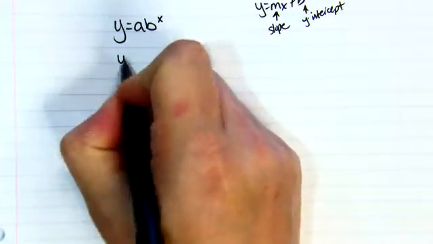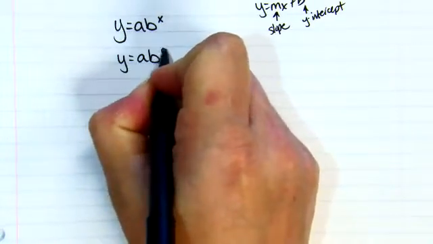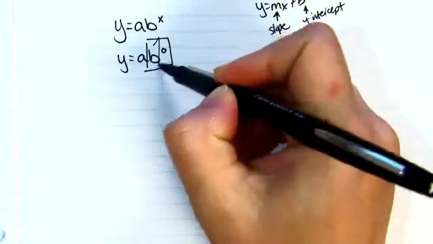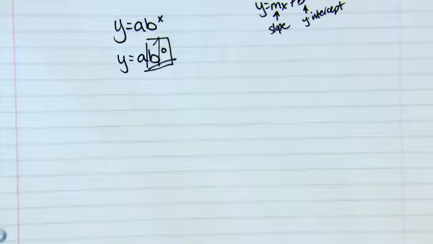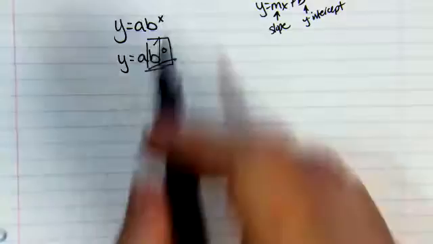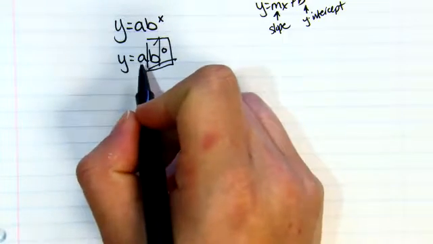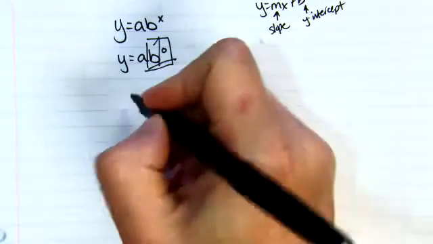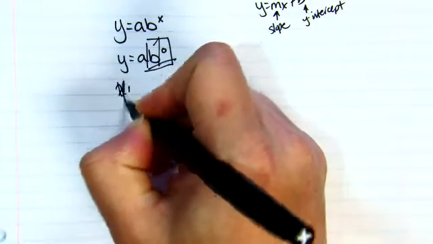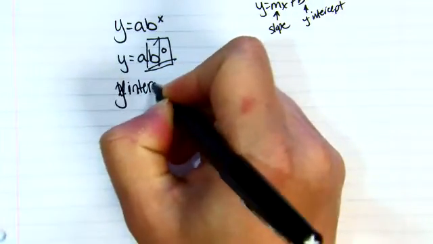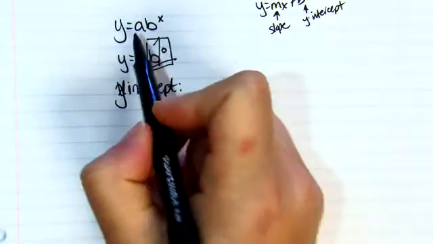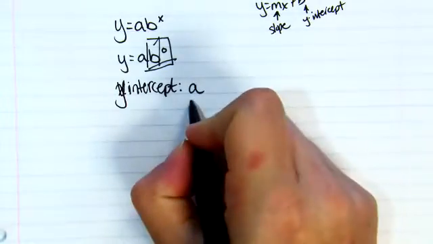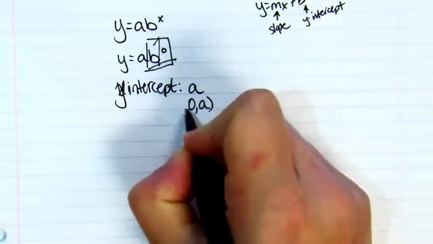So if I put in 0 for x, this whole term becomes a 1, because anything to the 0 power is 1, which means y is going to equal a times 1, or just a. So our y-intercept, in this case, when we have an exponential function, is going to be a, or the point (0, a).